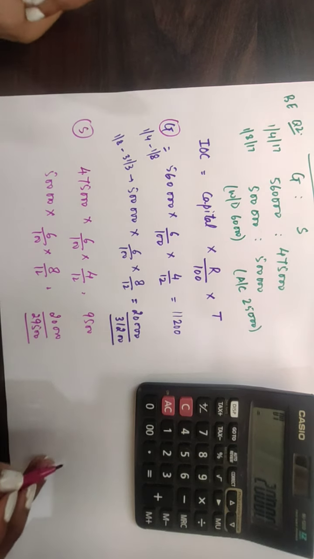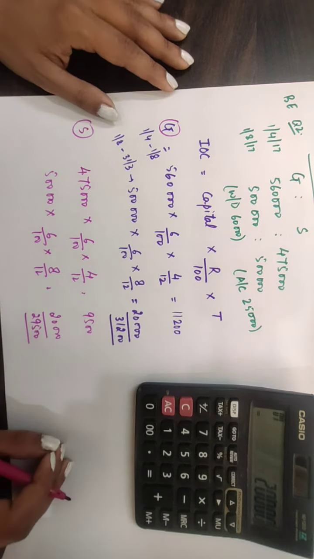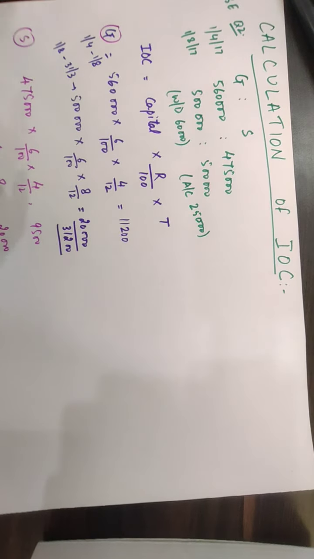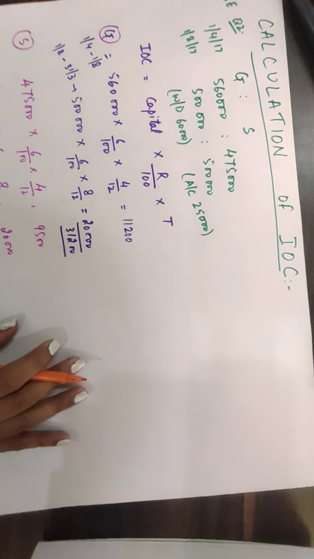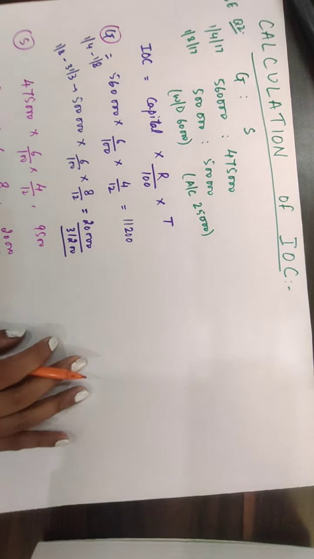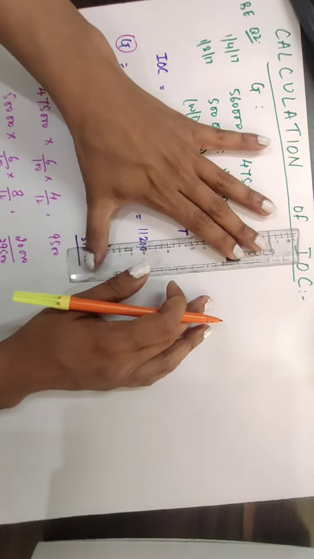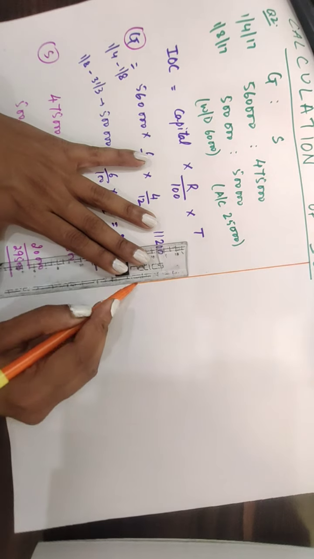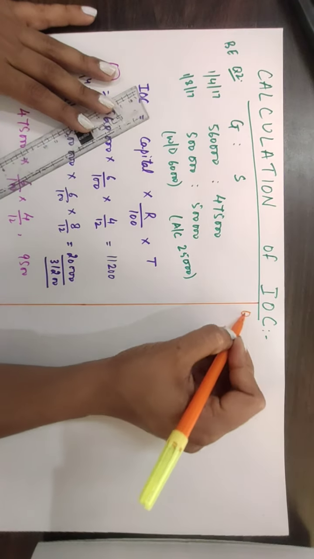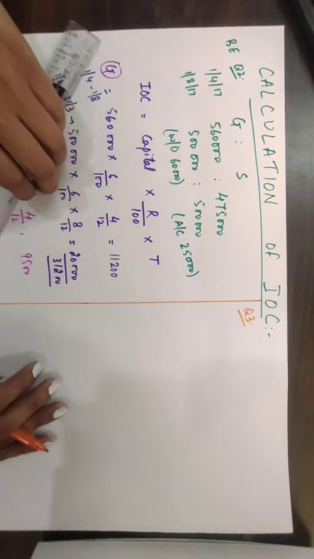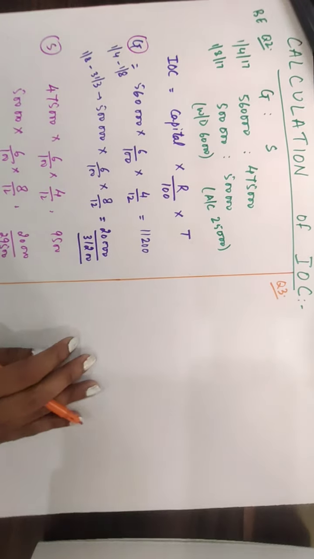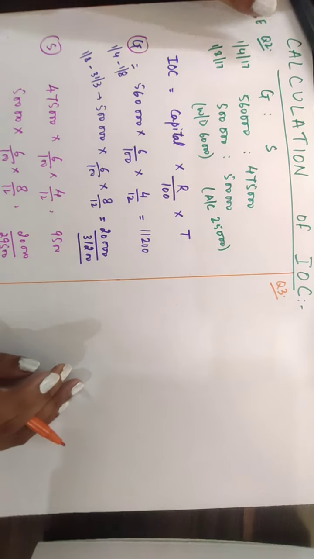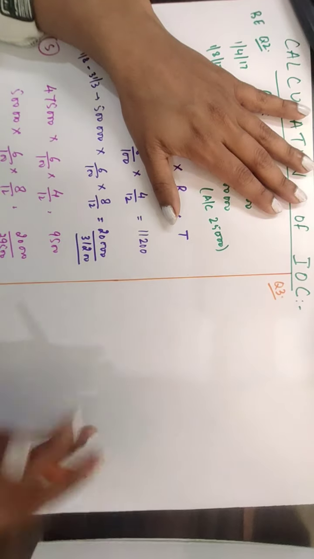Now you can try the same type of question, that is question number 3. Now we'll be doing it a little quickly. I'm just drawing a line to make it clear that this is now question number 3 again of the back exercise. We'll not be doing illustrations in this class or in any of the classes because the illustrations are already solved in the book. A child can check it out from there.